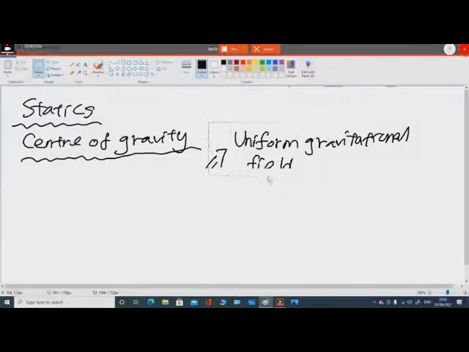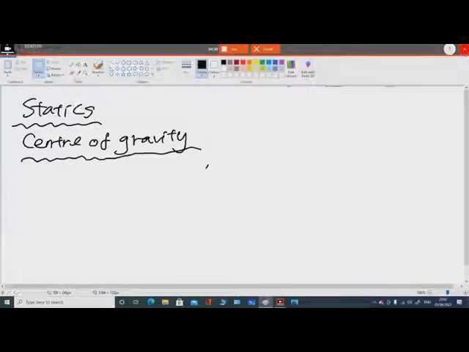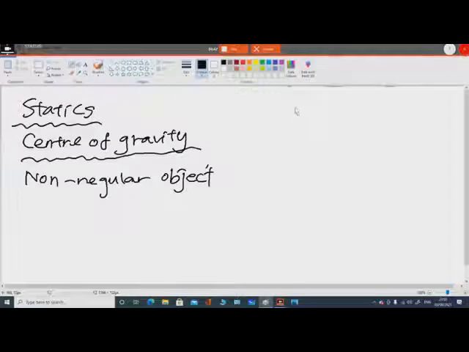So what if we have a non-regular object? Let's say I have a cardboard here. This is a cardboard. We know that the center of mass is always equal to the center of gravity.